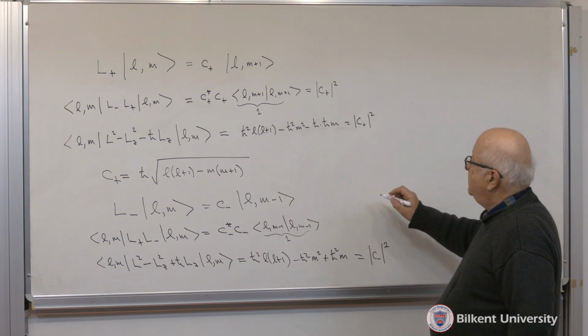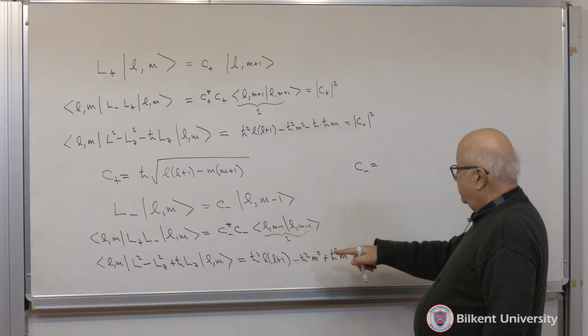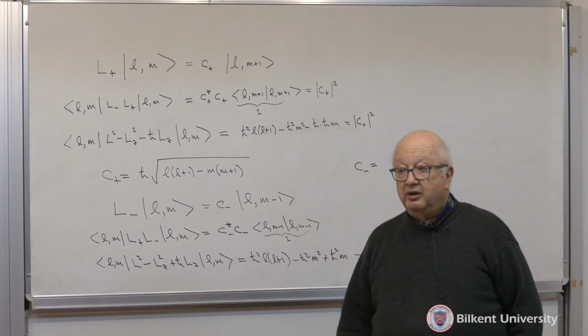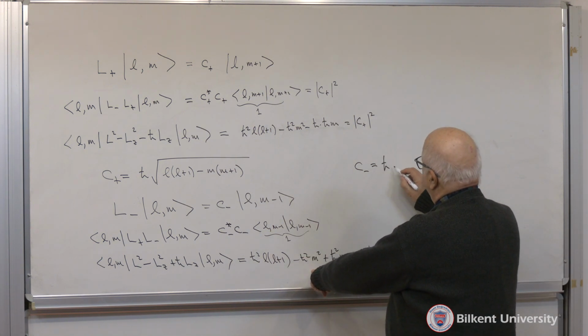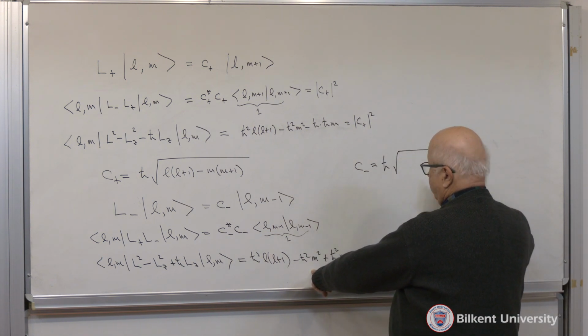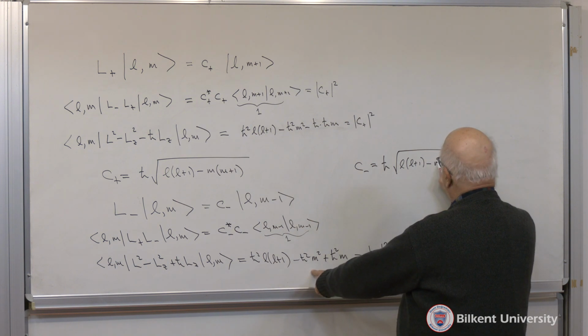So C minus then is equal to, assuming again it's real and positive, just the square root of this. There will be one h bar, square root of l(l+1) still there, minus, you can check that this is equal to m(m-1).